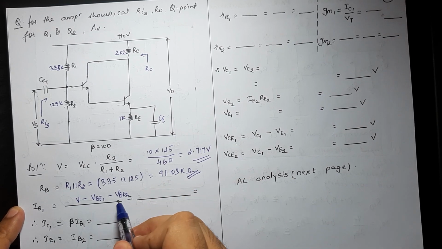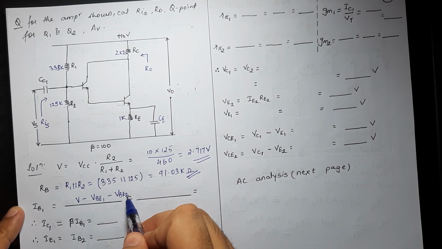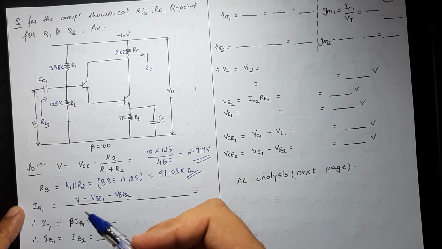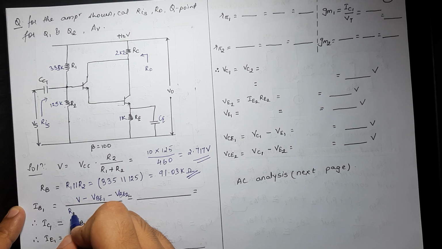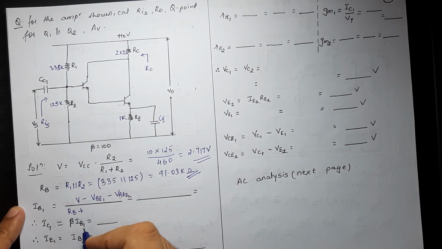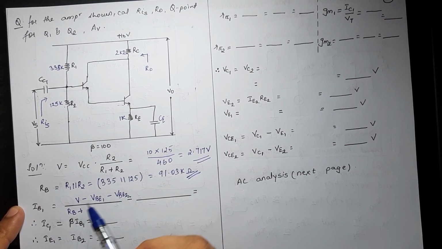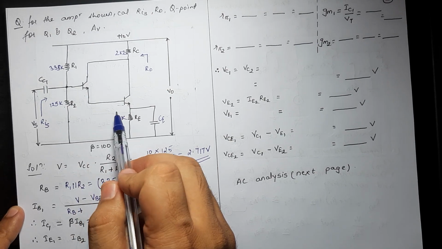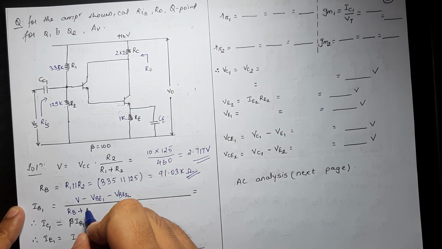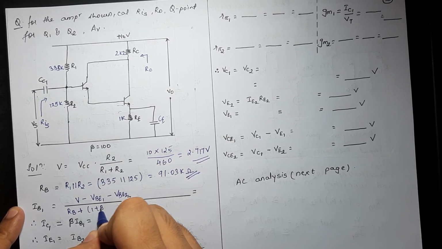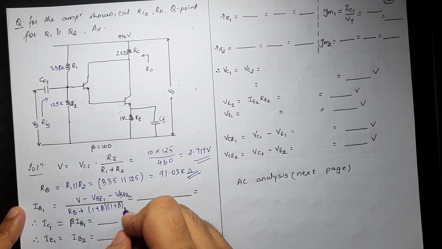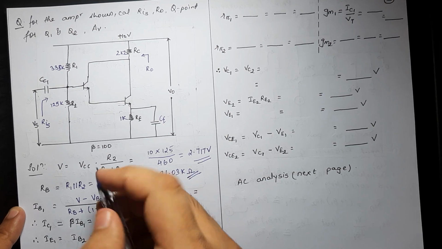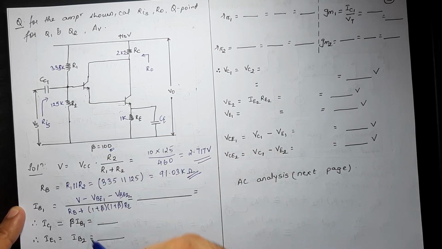No need to write on over here besides VBE1 or VBE2, because it is assumed that the transistors are working or in on condition. Now in below we have RB as usual plus, initially we used to have 1 plus beta into RE. Since here we have two transistors, it will be nothing but 1 plus beta into 1 plus beta into RE. The value of beta is given as 100, so please don't be mistaken by that.